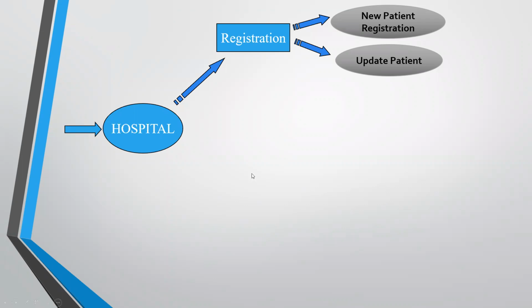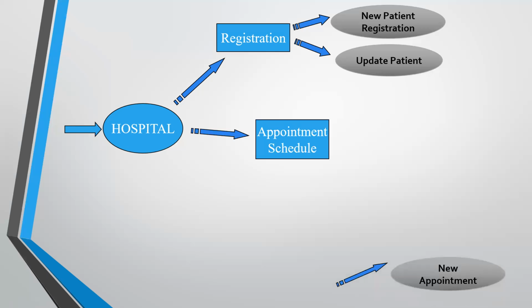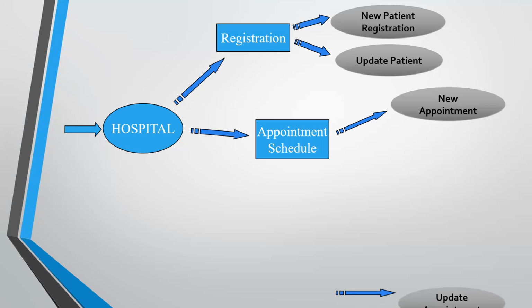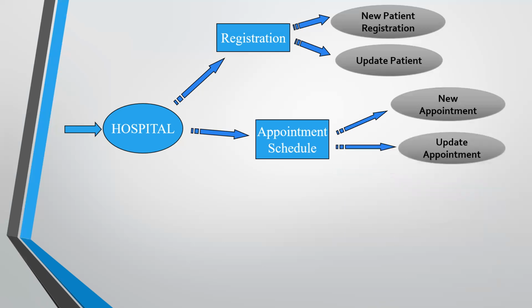Next, you have appointment scheduling. As part of appointments, you have three main events. First, creating a new appointment. Second, updating an existing appointment, which is nothing but updating the existing appointment information, like changing the appointment from one status to another, like from booked to checked in or booked to walked in.